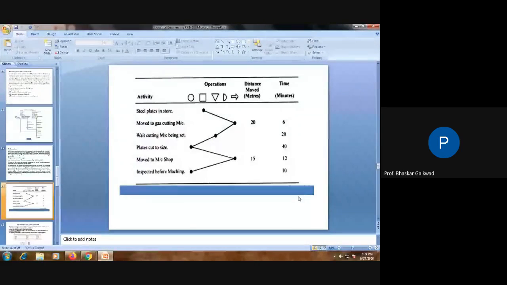Not only this example, you can take one more example of washers or nut and bolt assembly or any bearing assembly or any chain assemblies. You can take any examples and show this operation, inspection, store, delay and transportation.